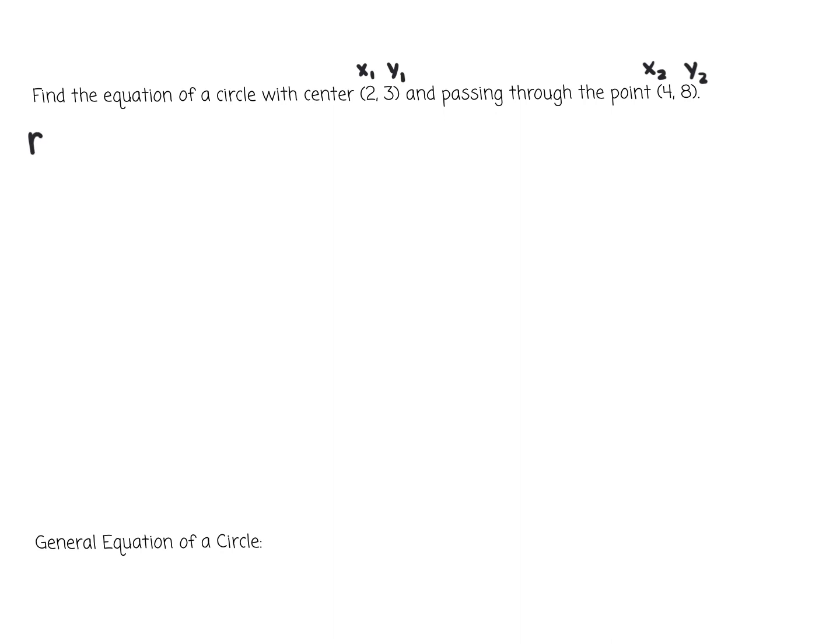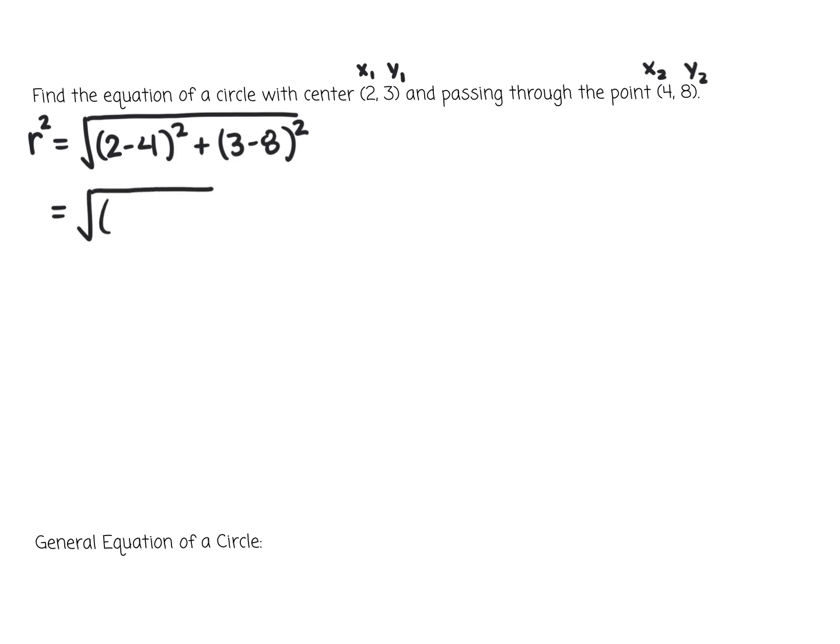So then my radius equals the square root of 2 minus 4 in parentheses squared plus 3 minus 8 squared. So 2 minus 4 is going to give me negative 2 squared plus 3 minus 8 is negative 5 squared.